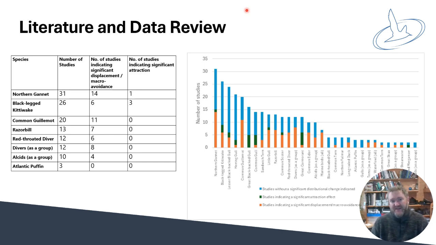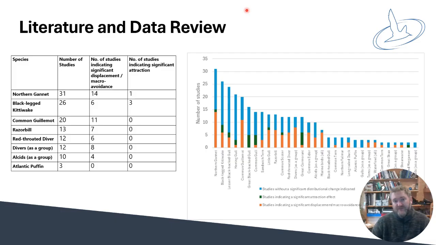So 17 studies showed no significant impact in terms of displacement or attraction, and 9 studies showed either displacement or attraction. Of those, 3 showed significant attraction. In terms of guillemot, razorbill, and diver, these were nearly 50-50 splits in all cases.